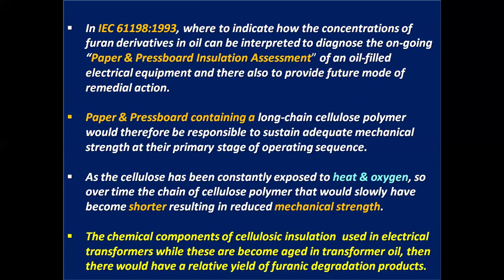In IEC 61198 1993, it is indicated how the concentrations of furan derivatives in oil can be interpreted to diagnose the ongoing paper and pressboard insulation assessment of an oil-filled electrical equipment, and also to provide the future mode of remedial action.